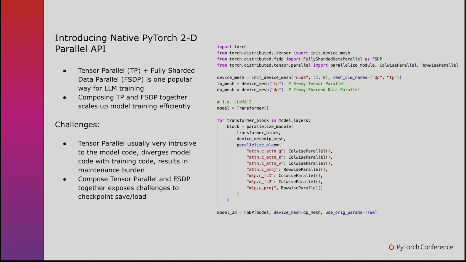To apply tensor parallel to your model, you can specify a parallelize plan for the transformer block by composing column-wise parallel and row-wise parallel styles together, and apply them to each layer of the transformer, adjusting the number of heads. By applying parallelism outside of the model code, users can really minimize the code change to the LLM to allow an efficient tensor parallel plus data parallel solution.